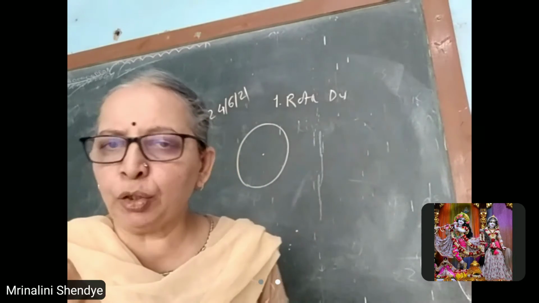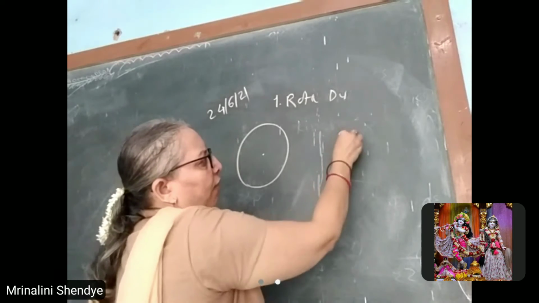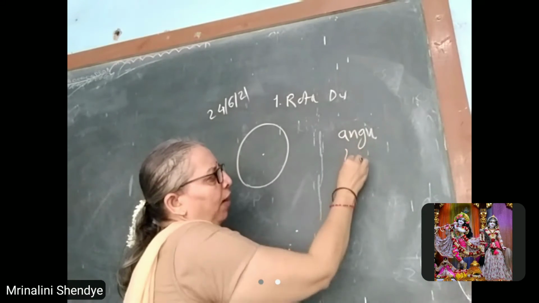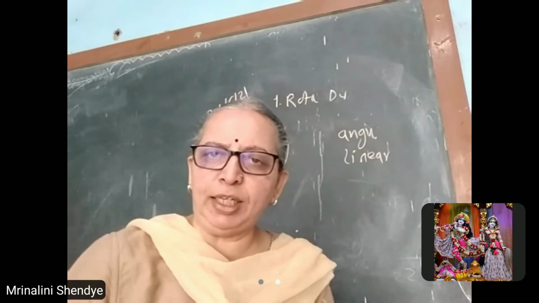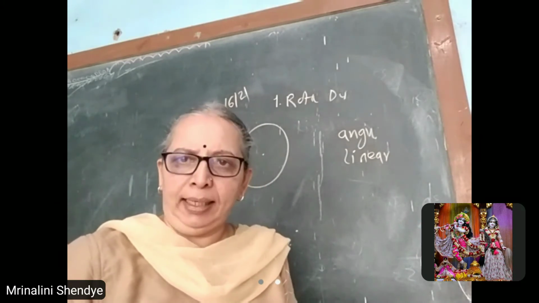In circular motion, a particle has angular values as well as linear values. That is, it has angular displacement, angular velocity, and also angular acceleration.